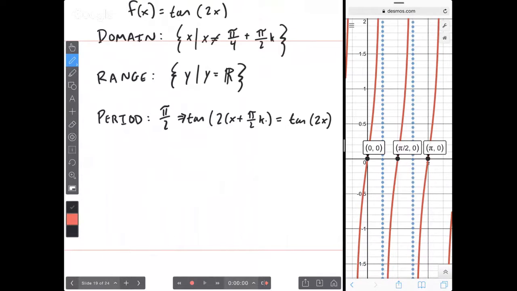Symmetry. So this has symmetry about the origin, odd symmetry.